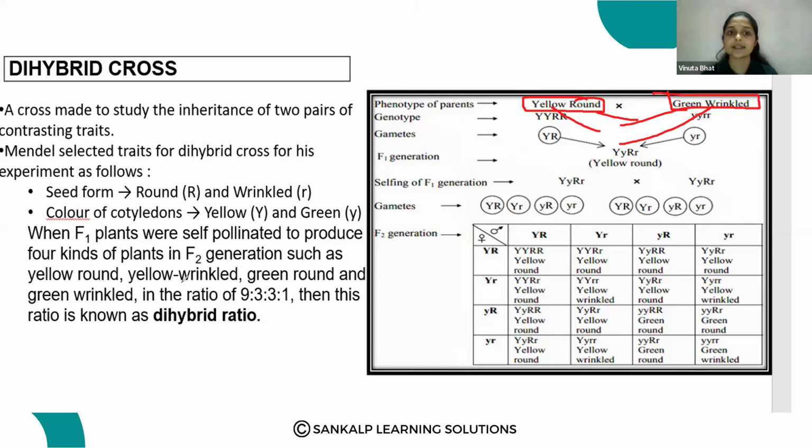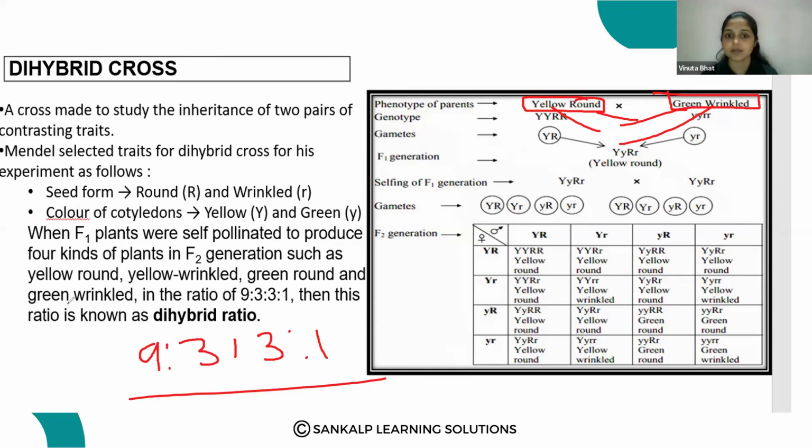So here the ratio of these plants is 9 is to 3 is to 3 is to 1. Let's see how this 9:3:3:1 ratio is obtained, that is the phenotype ratio obtained in the F2 generation.